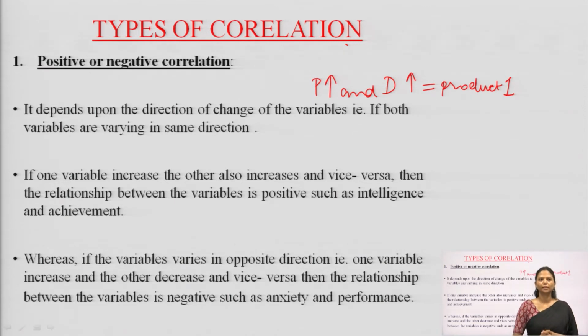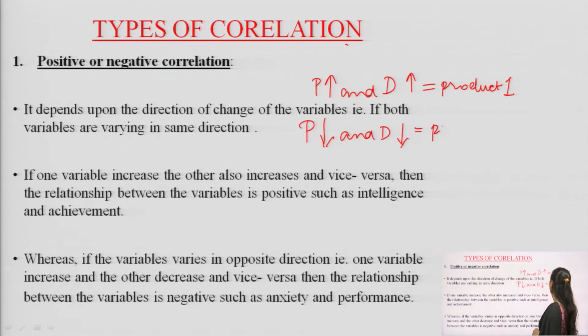If one variable increases, the other also increases, or if one variable, that is price, is decreasing and the demand is also decreasing, this is for product 2. This is called a negative correlation.